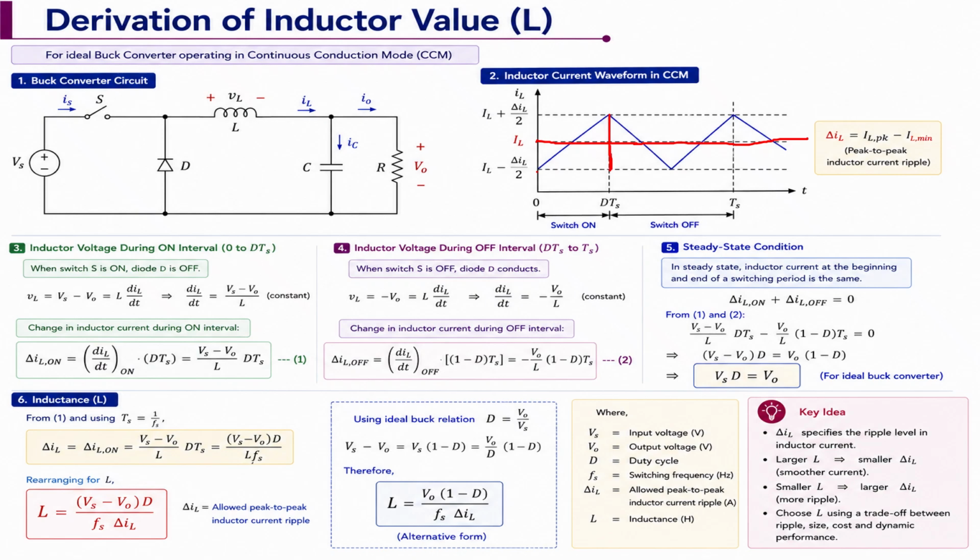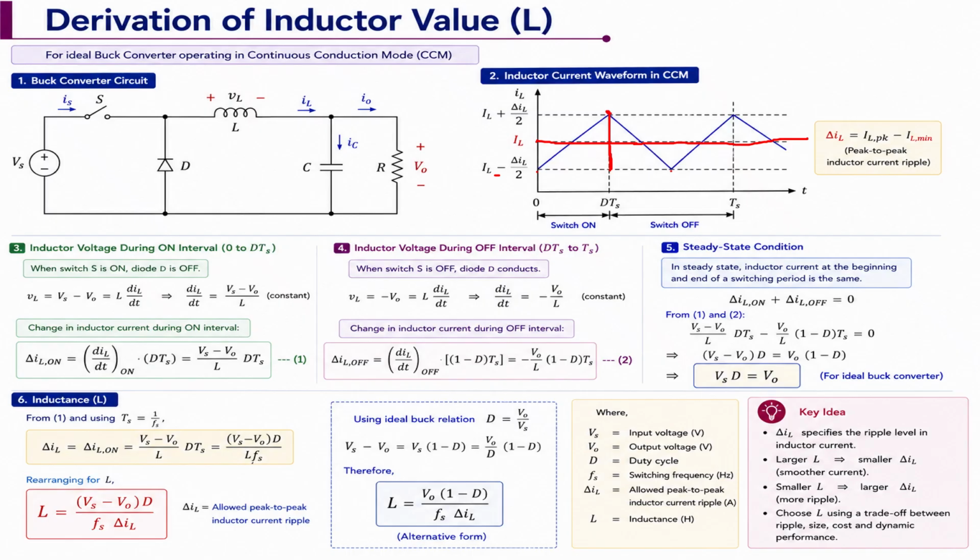This total height is delta IL. So the peak point is IL plus delta IL by 2, and the lowest point of the inductor current is IL minus delta IL by 2. Keep this in your mind.